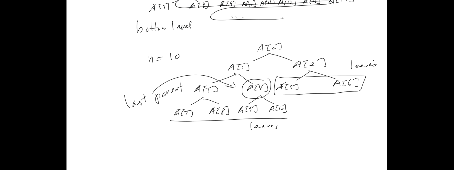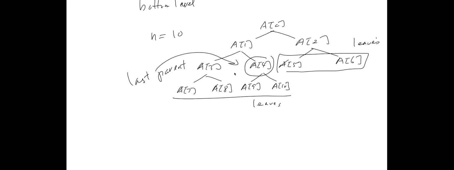We can also see the following relations of a node with index i: its children will be 2 times i plus 1 as a left child, and 2i plus 2 will be its right child.